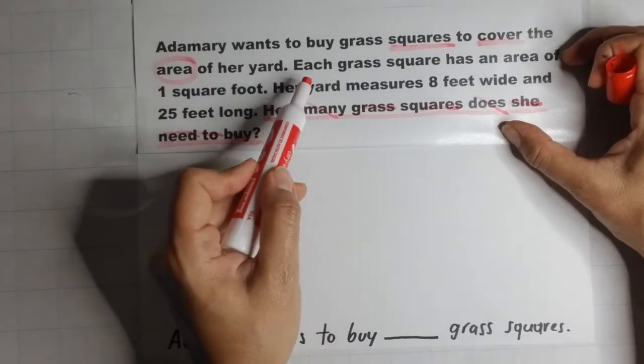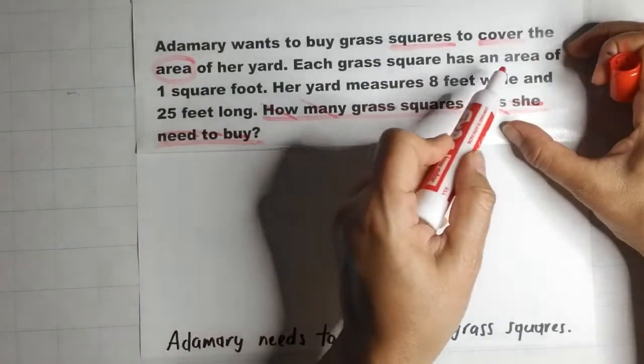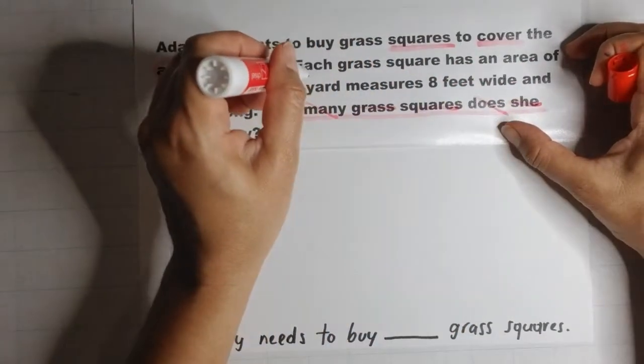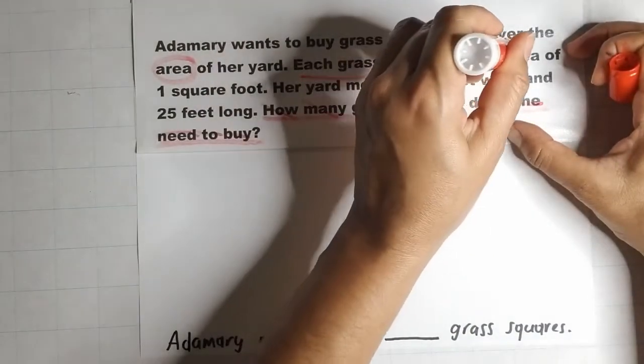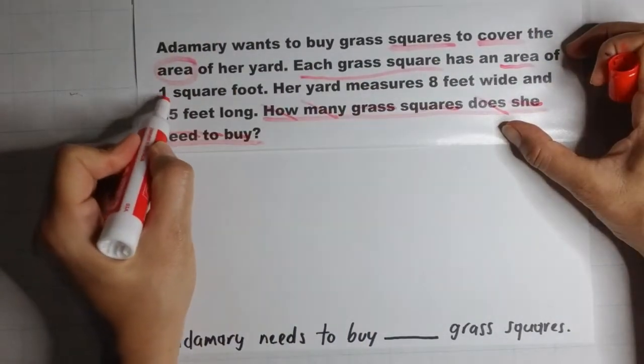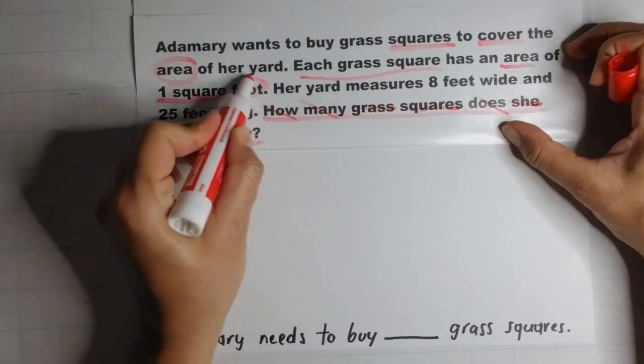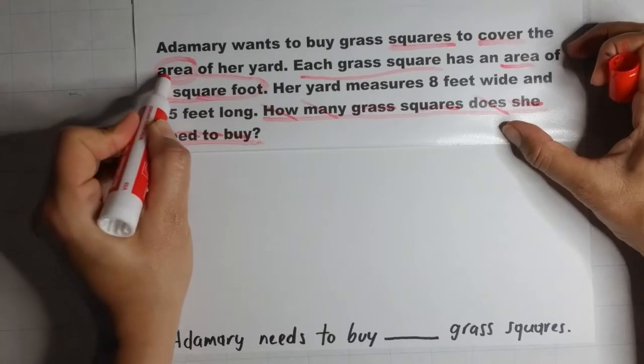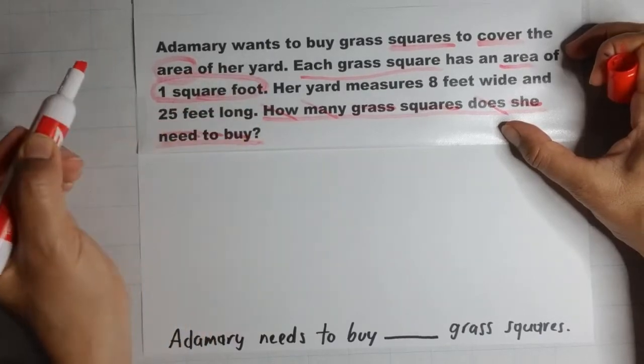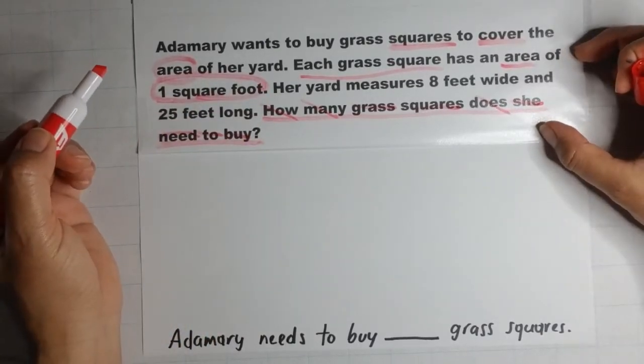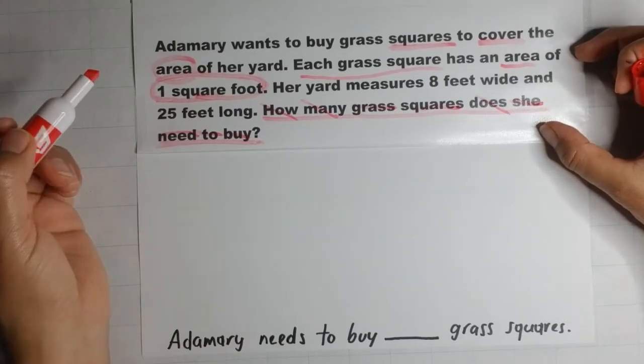Now, let me see the next part. Each grass square has an area of 1 square foot. So this is going to give me an idea of the size of that place. And the next part, let me see the next sentence.